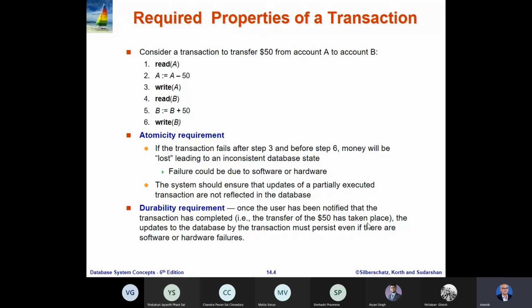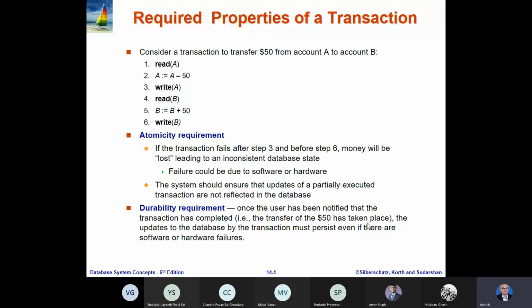Now, what is the atomicity requirement? It's very simple: if the transaction fails in this example after, say, step 3 and before step 6, money will be lost, because from A we have reduced the 50, but we have not updated the value of B. So those $50 that we talked about got lost. We cannot allow that. That is what is called the atomicity requirement.